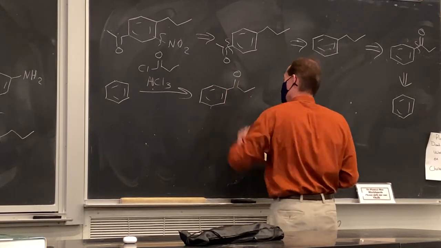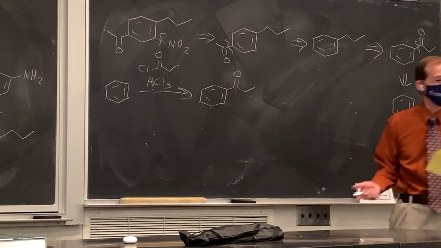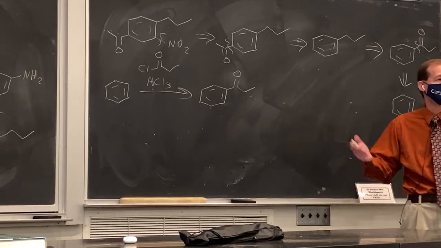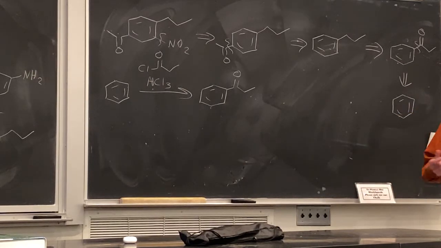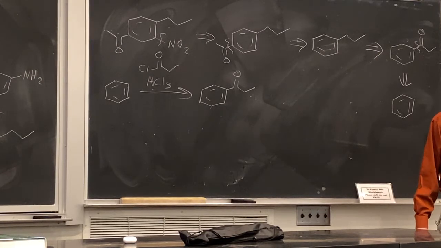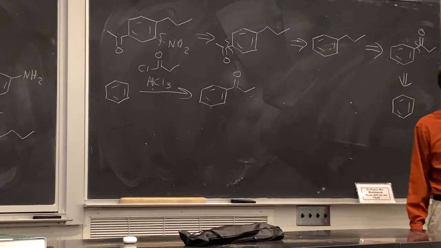Okay. Now, if we look at our retrosynthesis, the next thing we need to do is reduce that ketone to give us our propyl group. What reagents could we use for that? You'll obviously want to have these reactions at your fingertips before you go into the testing center.